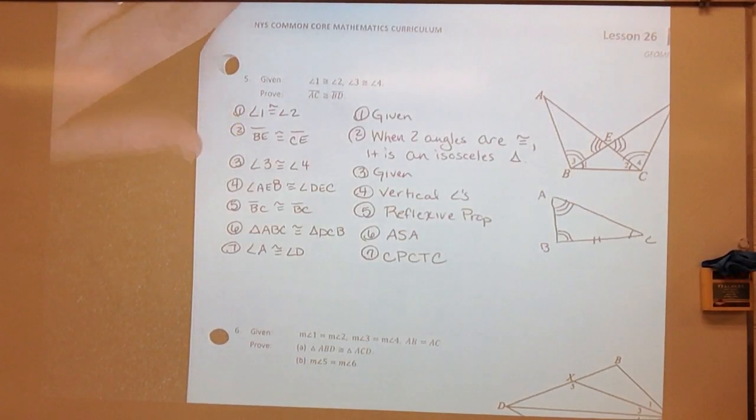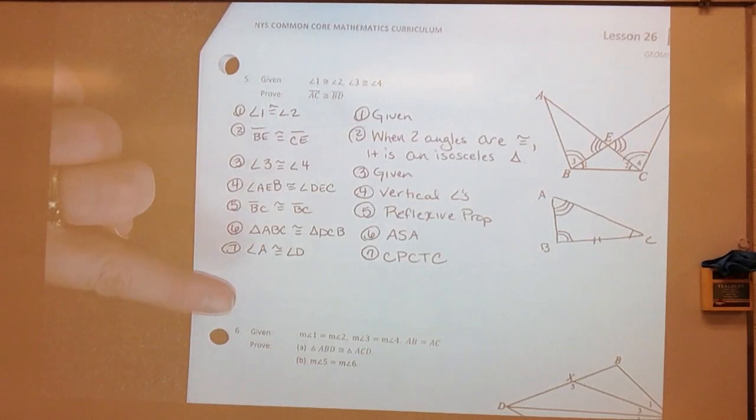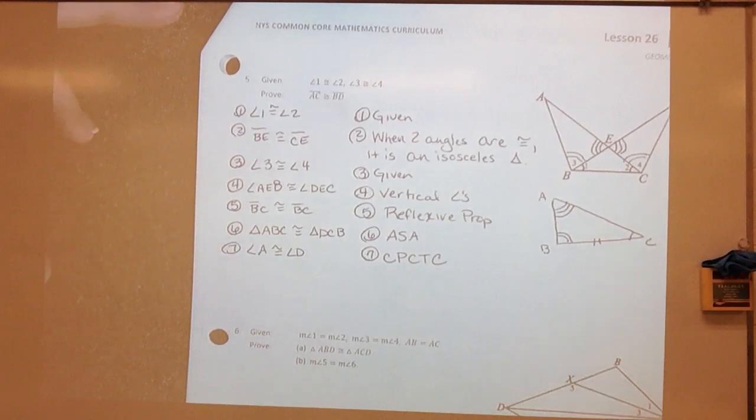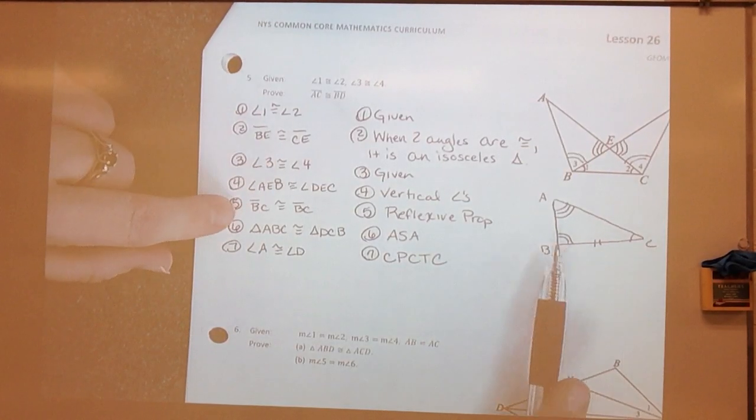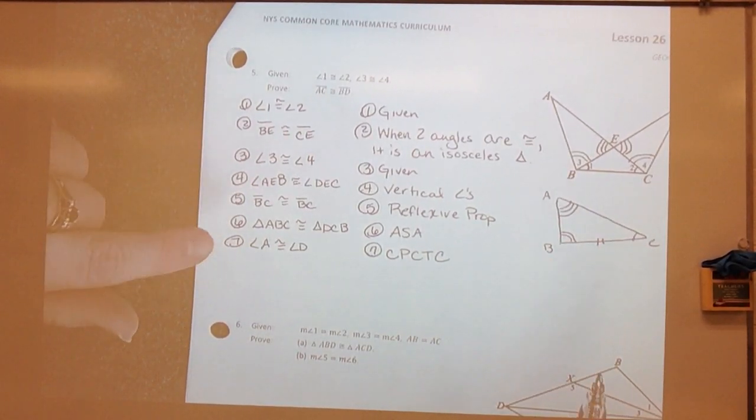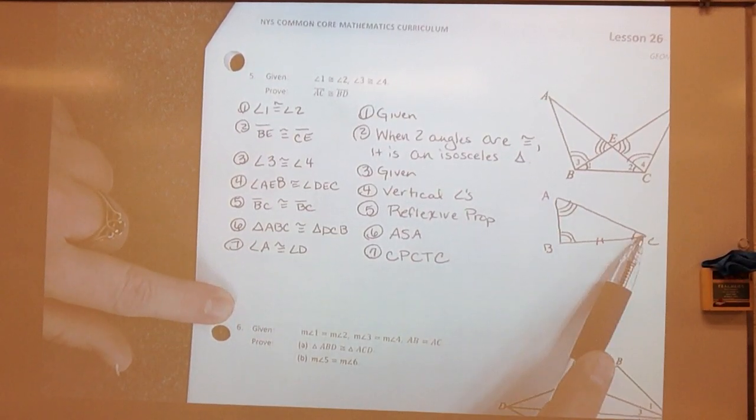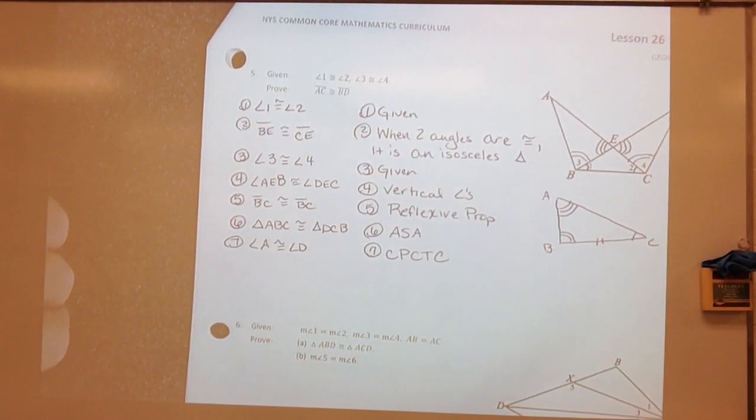I'll write it out in just a moment. Now, I can prove my triangle congruence again if I need to. But since I've already proven my triangles congruent, what do I know about AC and DB?